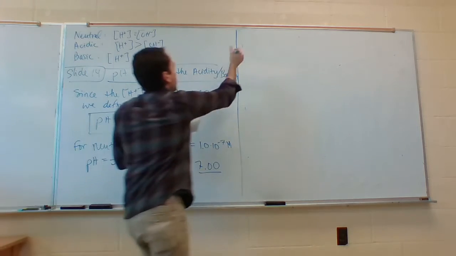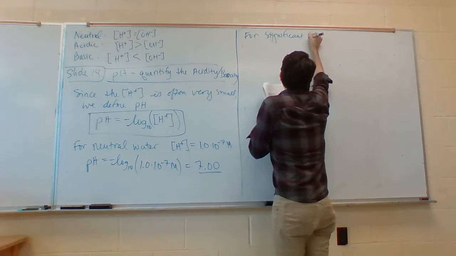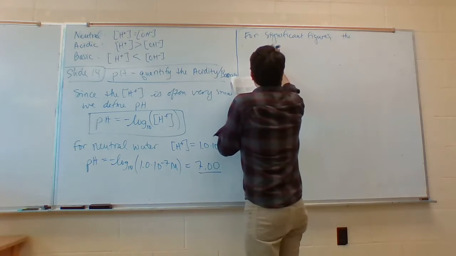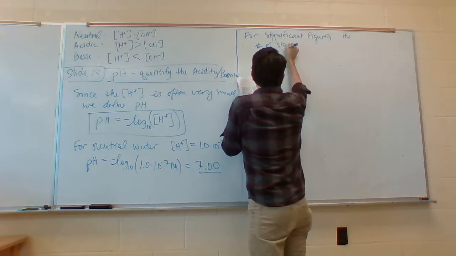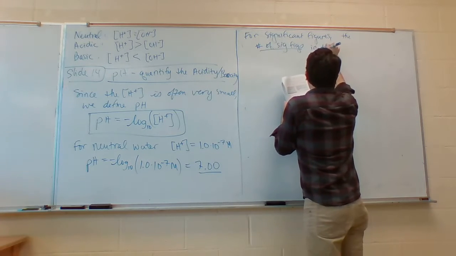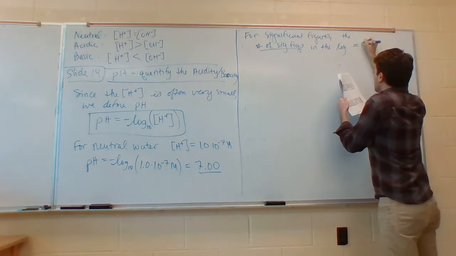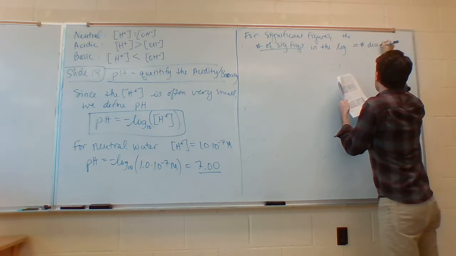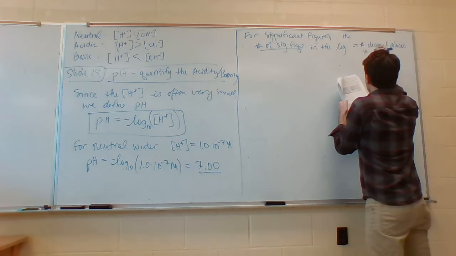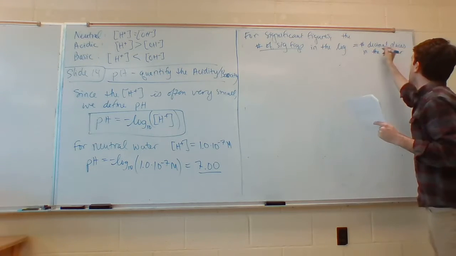So, for the significant figures, the number of sig figs in the log is equal to the number of decimal places in the answer or in the result that you get.